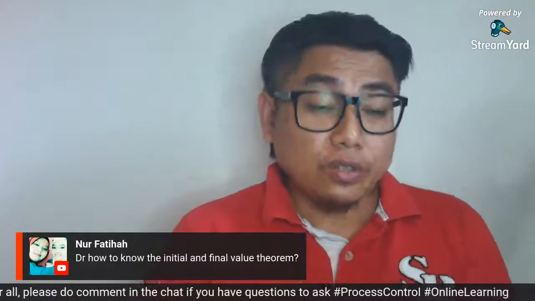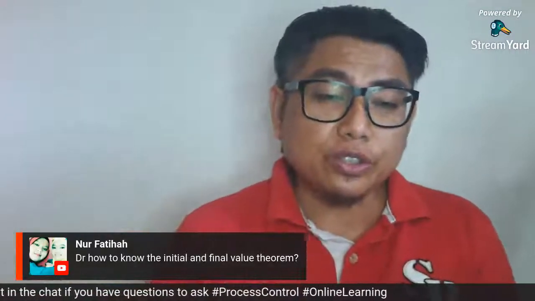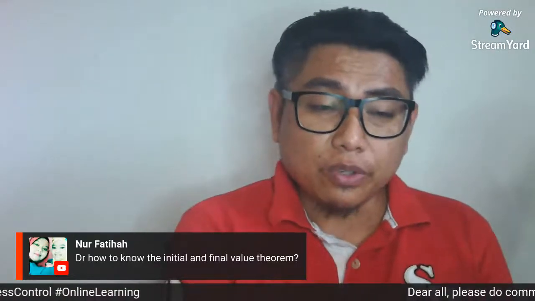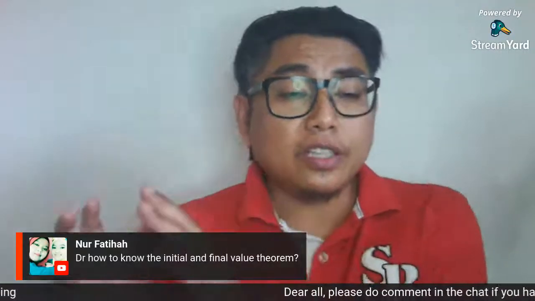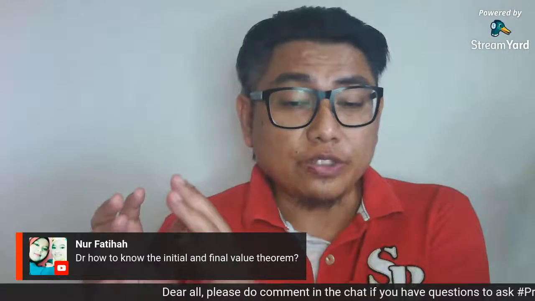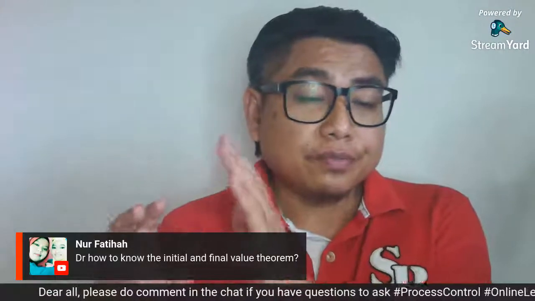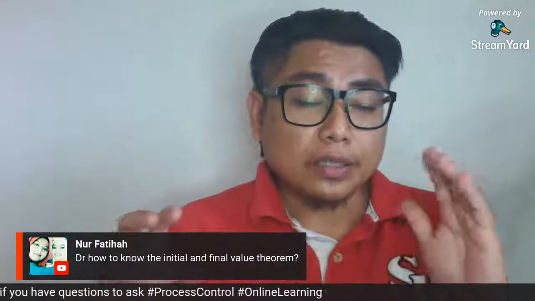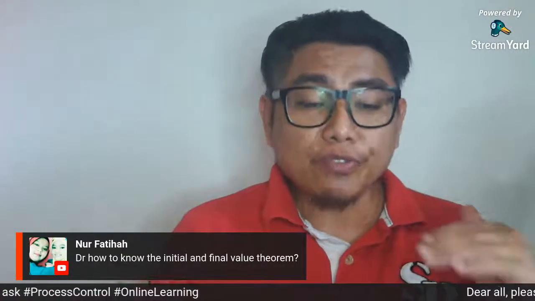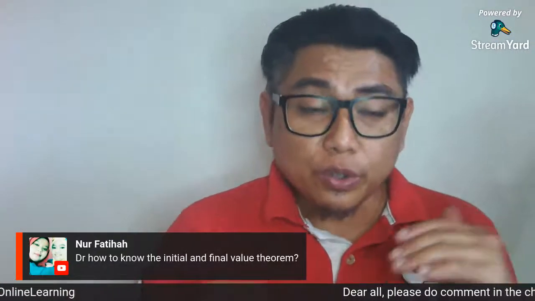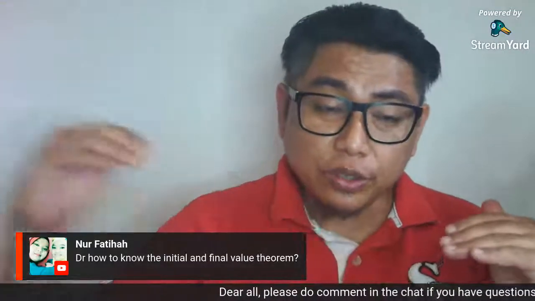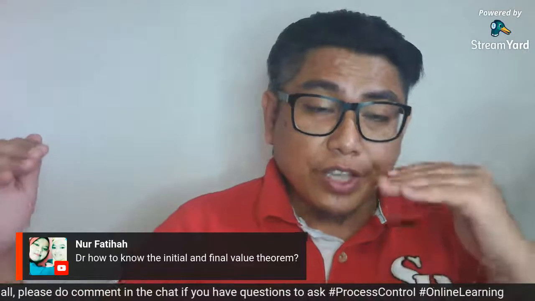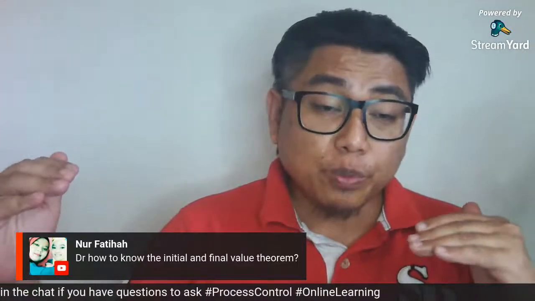And for the initial and final value, you should refer to the equation, the models. There must be some model related to the initial value theorem, and there is also an equation related to the final value theorem. But the difference is, as I mentioned before, if you want to sketch your response, you need to know the initial and also the final value of your response. So where should your response start?